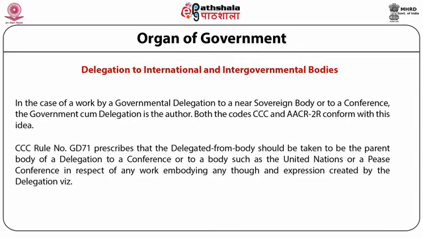CCC rule number GD71 prescribes that the delegating body should be taken to be the parent body of a delegation to a conference or to a body such as the United Nations or a peace conference, in respect of any work embodying any thought and expression created by the delegation.